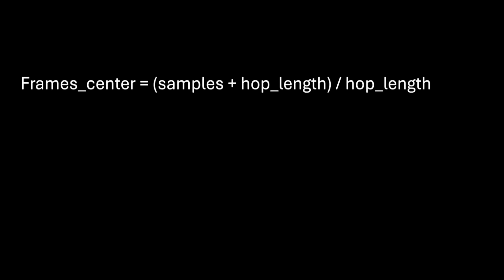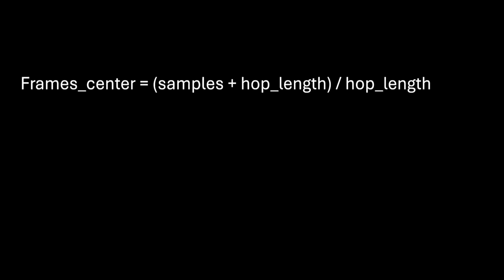When we apply a Mel spectrogram to an audio signal, whether it's with Torchaudio or Librosa, which is a library for audio processing, the default method is what's called center alignment. Briefly speaking, center alignment allows us to catch more details from the original audio signal. And the equation for how many frames you get after transforming the original audio is given by this: the number of samples of your original audio, so 16,000 samples, plus the hop length, divided by hop length.